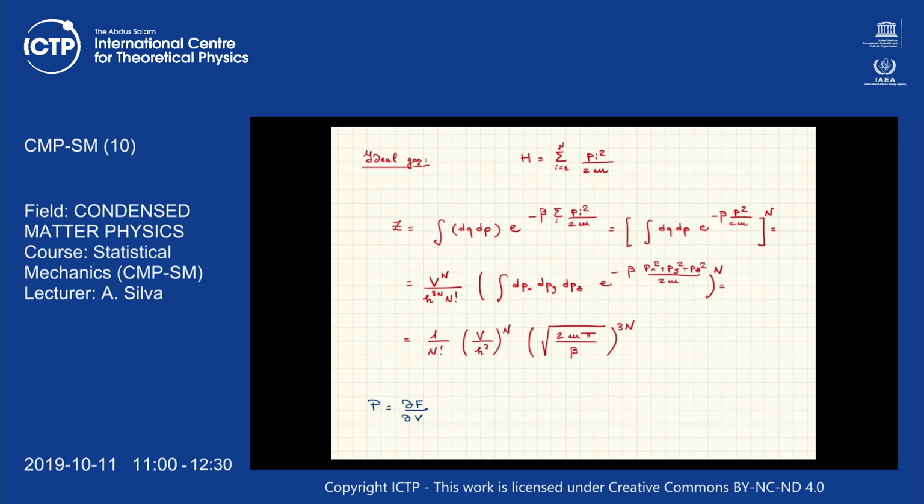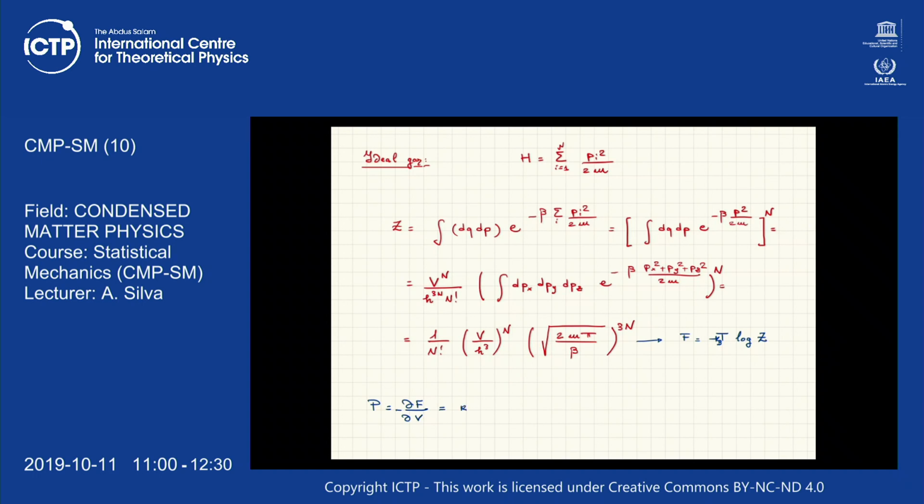Ah, yeah, sure, of course. Once you're given this, you have to compute the free energy, minus k_B T log of Z, and then you take the derivative of this free energy with respect to V and you compute the pressure. I'll let you do the calculation.